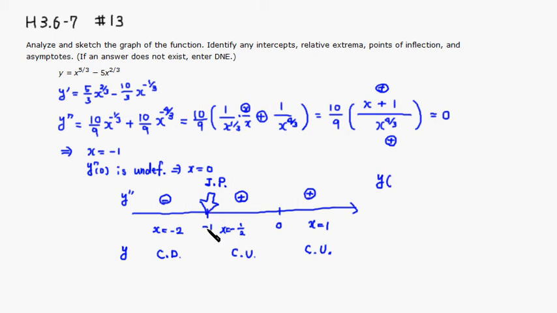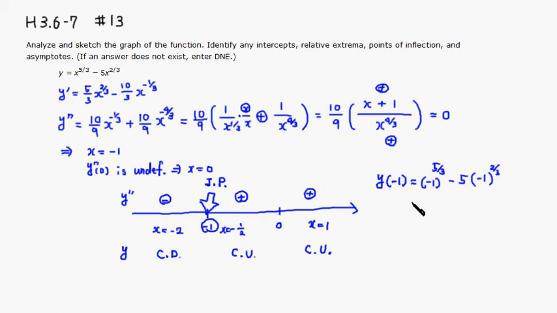All right, so we just have to find the corresponding y value, so we plug x equals -1 into the original function. You will get -1 to the 5/3, minus 5 times -1 to the 2/3 power.